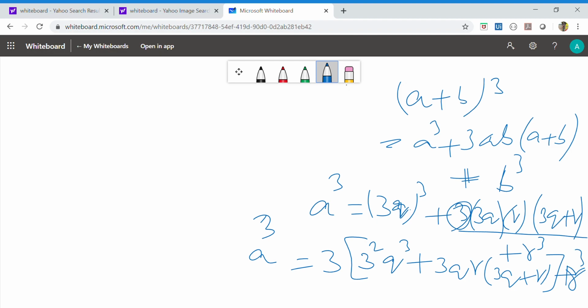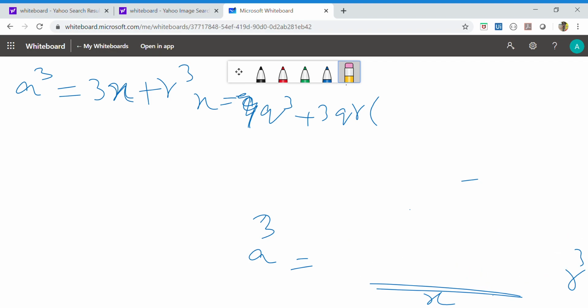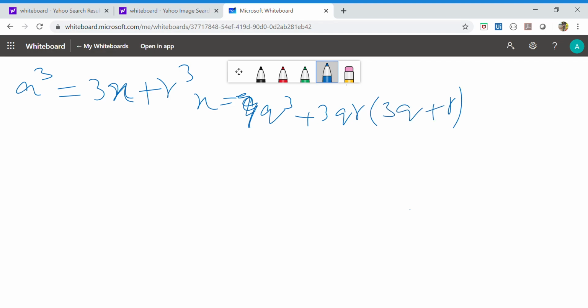I will consider everything as some integer x, where x is equal to 9q cube plus 3qr into 3q plus r. So a cube is equal to 3x plus r cube.